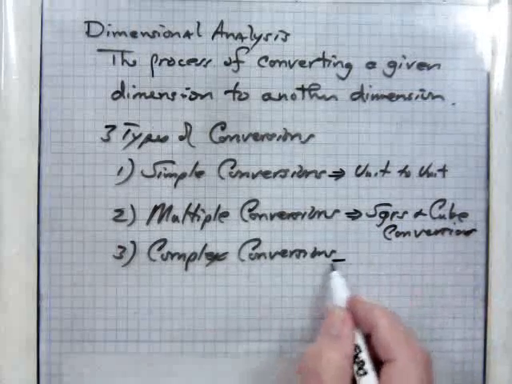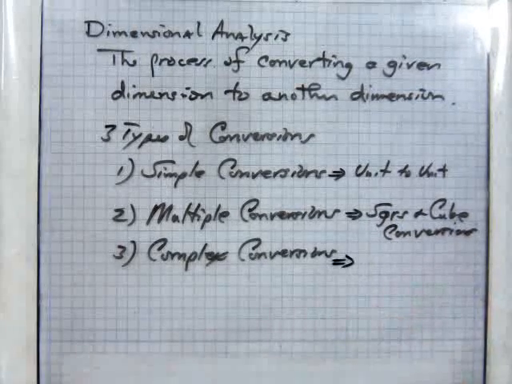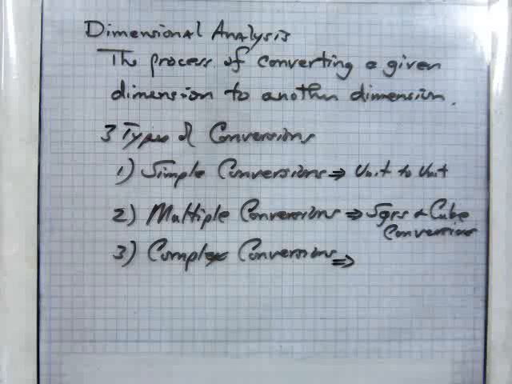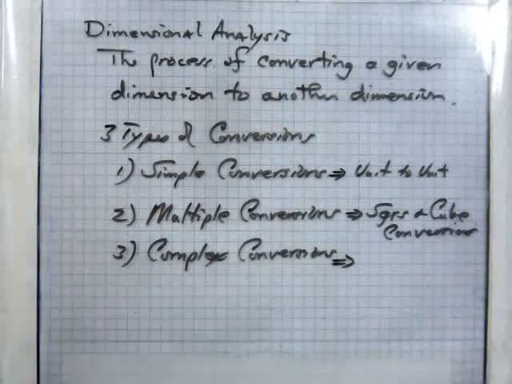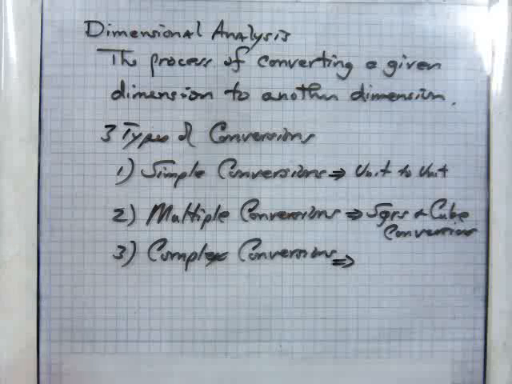And complex conversions are when the unit system is a combination of fundamental quantities, like miles and pounds. You can't convert miles into pounds or pounds back into miles.